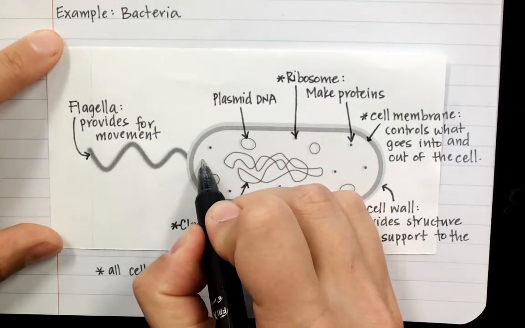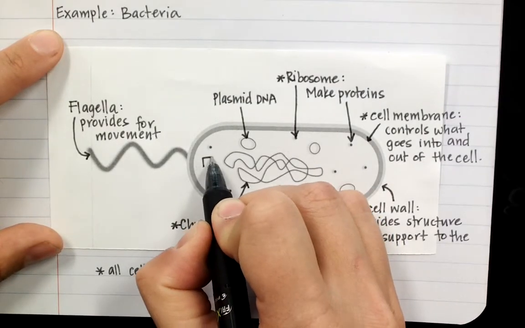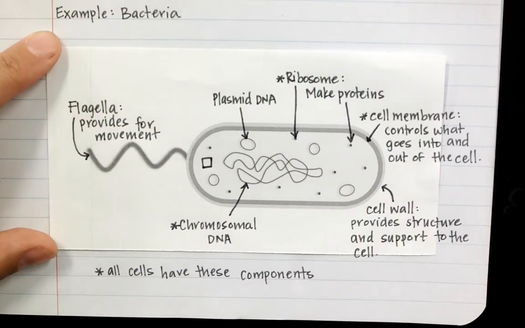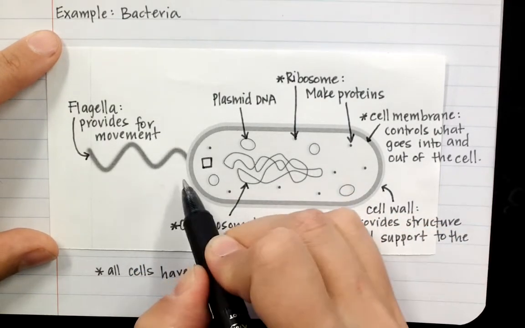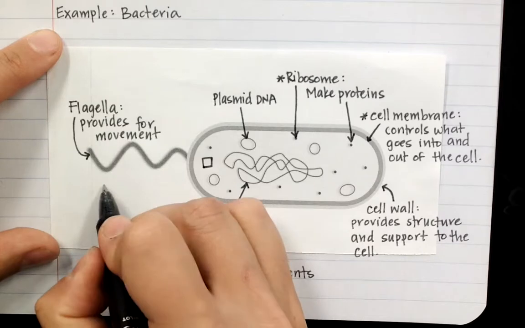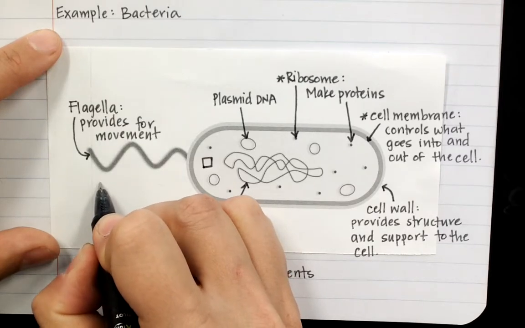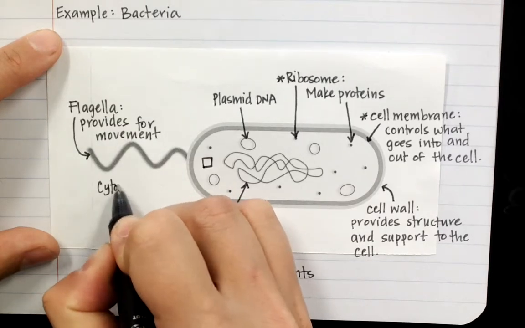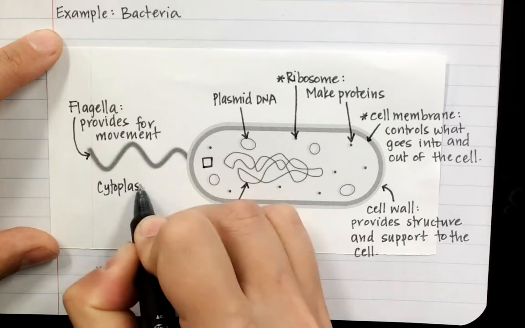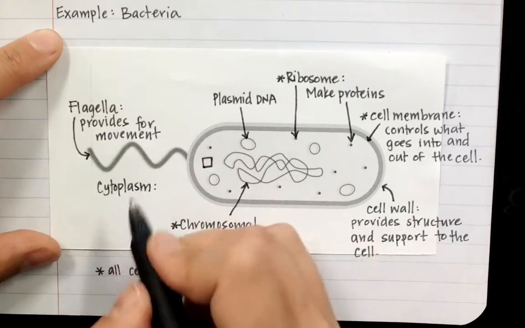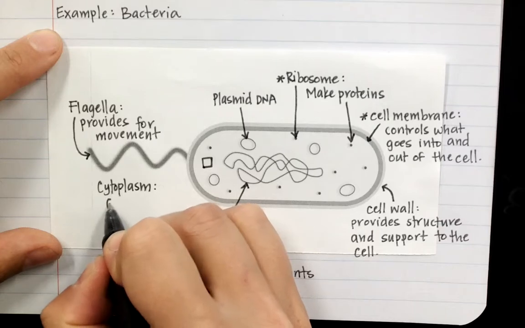All right, last but not least, we have this stuff that's inside of the cell, and it's not just water. It is a special substance called cytoplasm. And cytoplasm is a gel-like fluid.